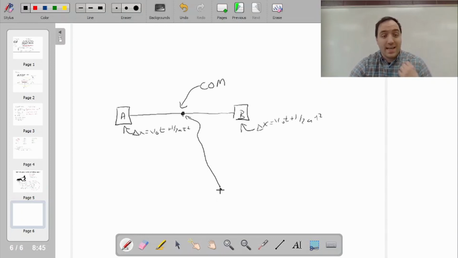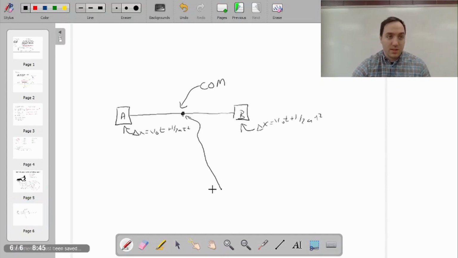In short, in essence, if you can find the center of mass, you can simplify your math down to one set of interactions acting at the center of mass.